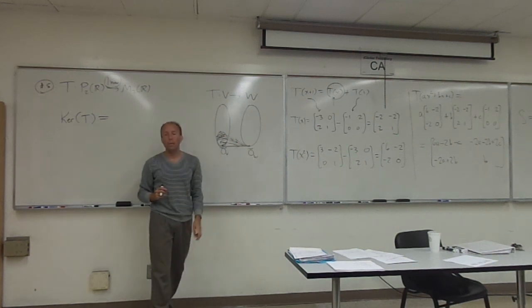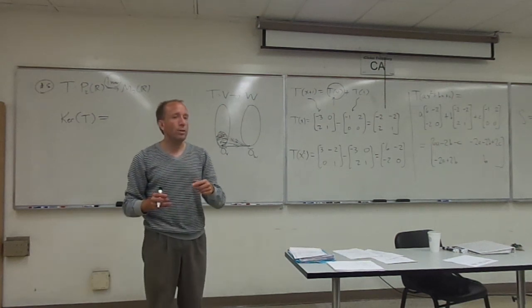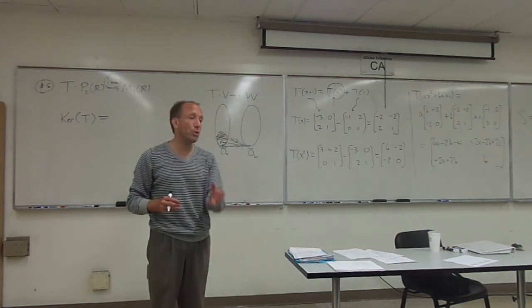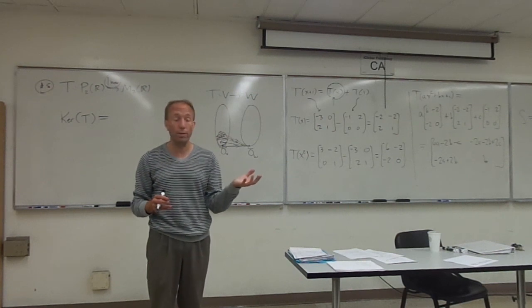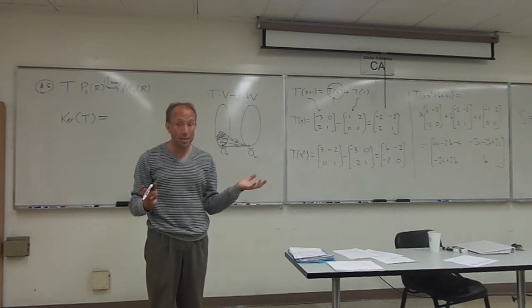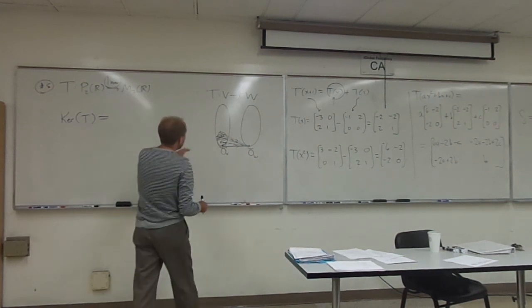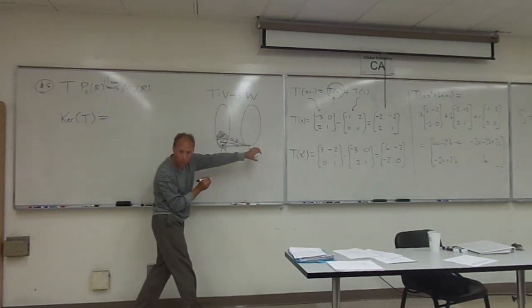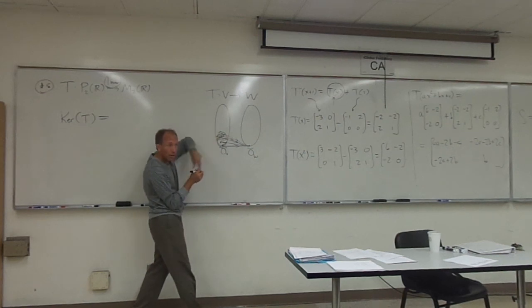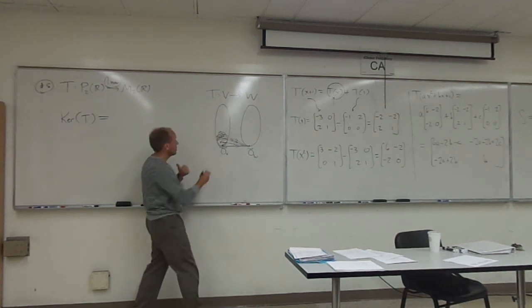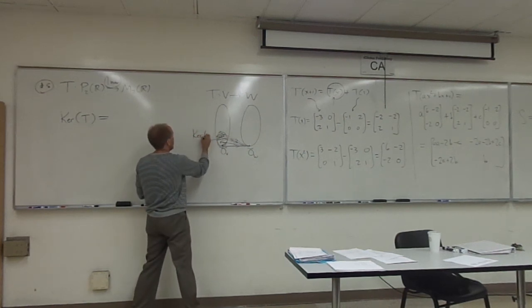Just as an example, if your transformation is take the derivative of a function, then any constant function is going to get killed to 0, right? So whichever vectors the transformation kills from V makes up the kernel of T. So this is visually what the kernel of T is.